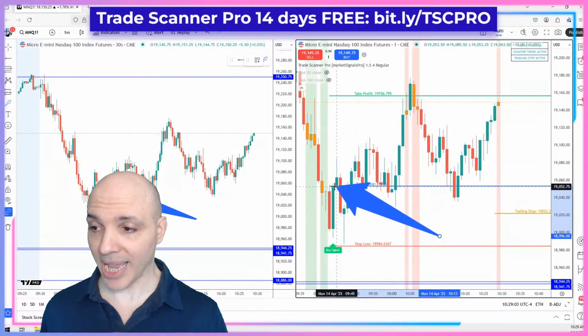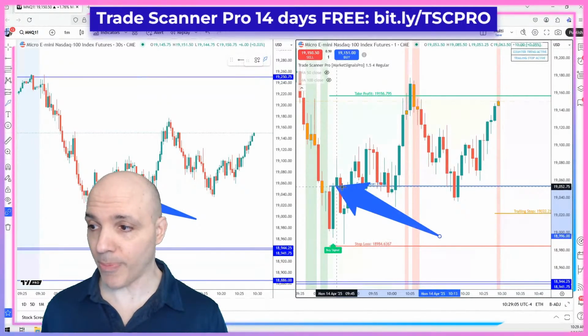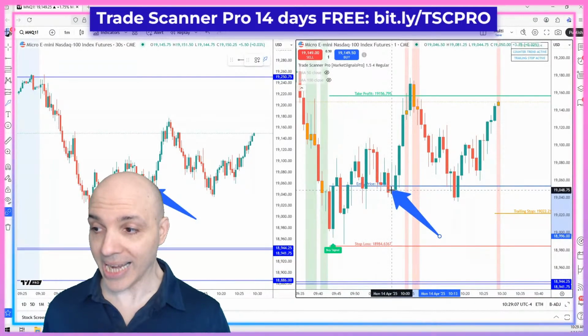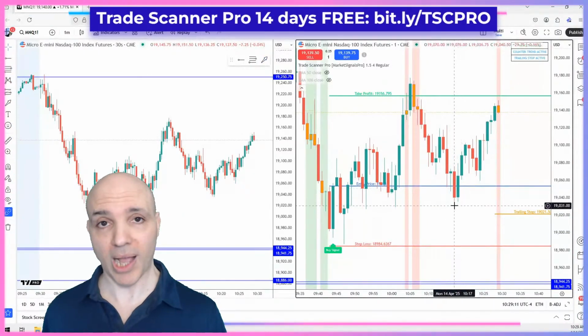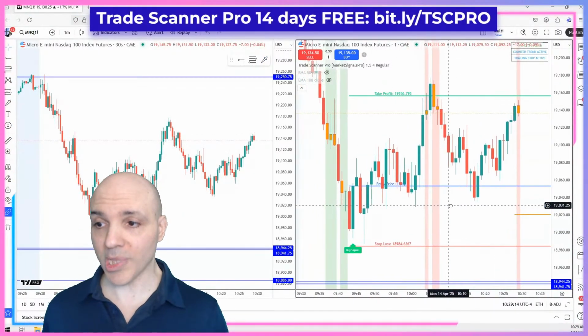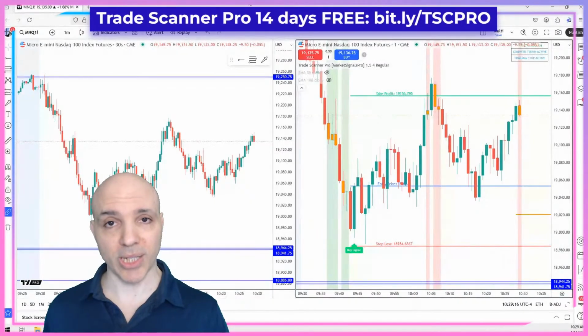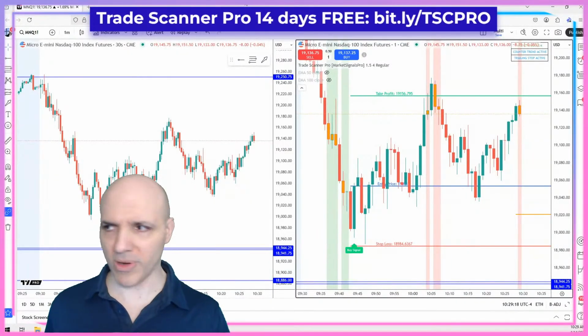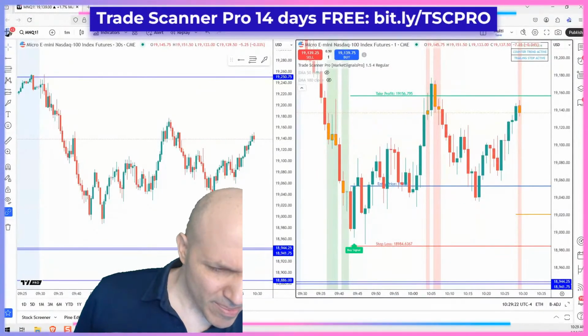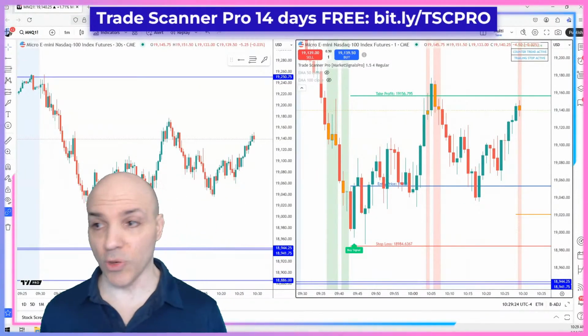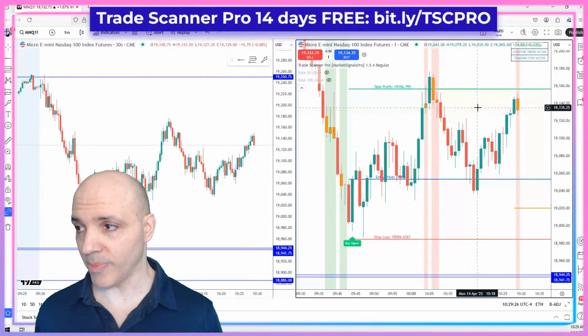I was not able to get in over here because by the time I pulled the chart up, this trade was in play and I got in on a secondary entry. So this is the third time it touched the blue line. So you can use that without having to wait for another signal. See, but that's a little more advanced. I don't have that explained anywhere.